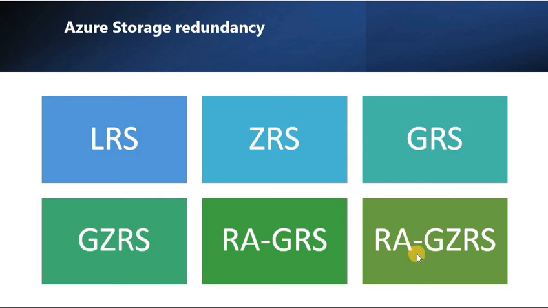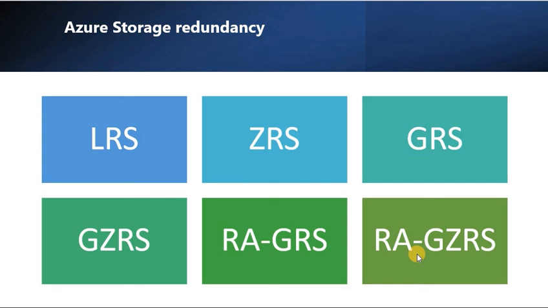So if you want to read the data that is replicated to the secondary region, even if your primary isn't experiencing downtime, then you can use RA-GZRS for your replication type.